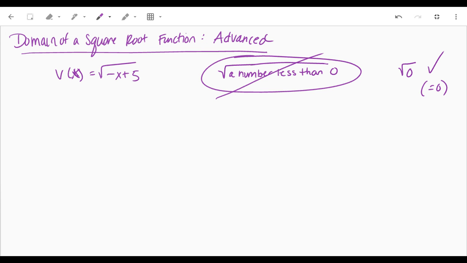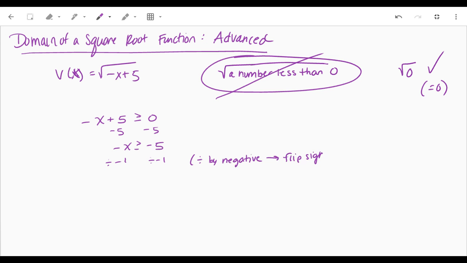So what we do is we take whatever is under the square root sign. Negative x plus 5 has to be greater than or equal to 0, and then we solve that inequality. Let's subtract the 5 from both sides. So negative x is greater than or equal to negative 5. Then divide by negative 1, and since we're dividing by a negative, we flip the sign.